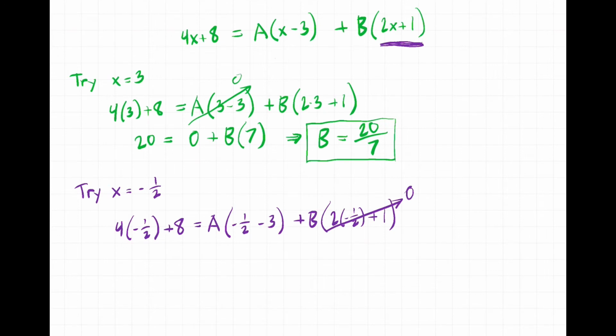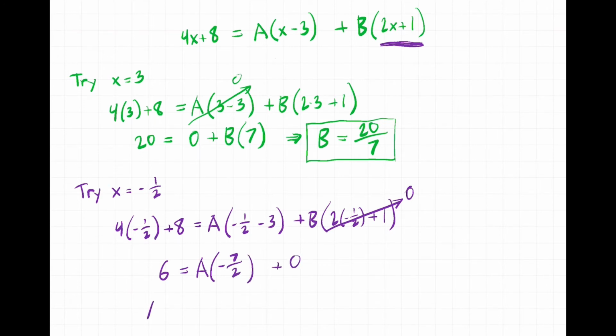So b times 0 is just 0. 4 times negative 1/2 is negative 2 plus 8, that is 6, and that equals a times negative 1/2 minus 3, that is negative 3.5, which is negative 7/2. And then plus 0, essentially.